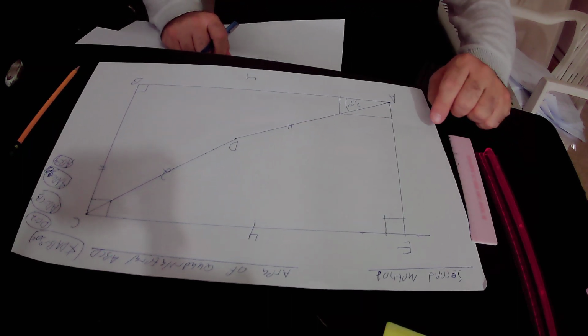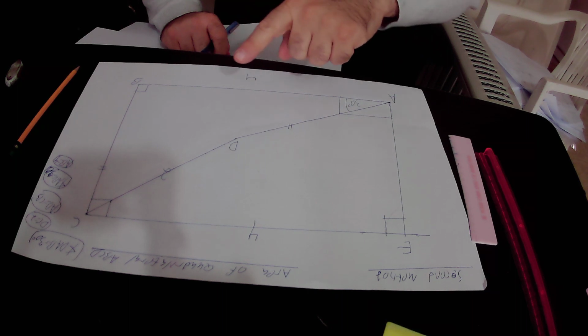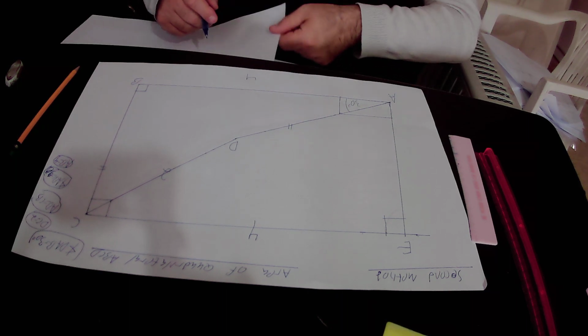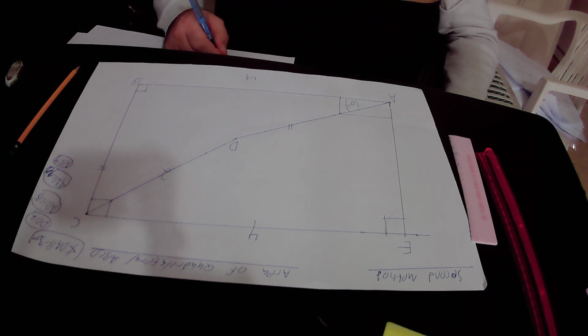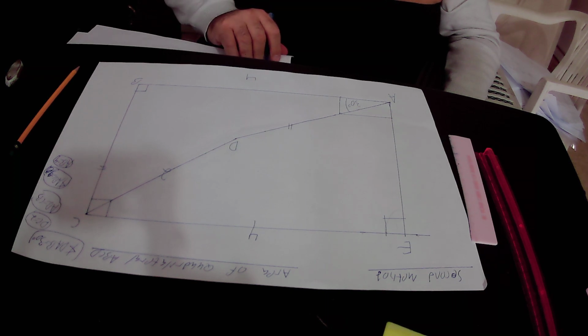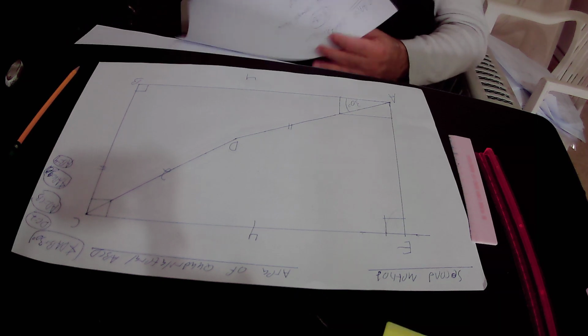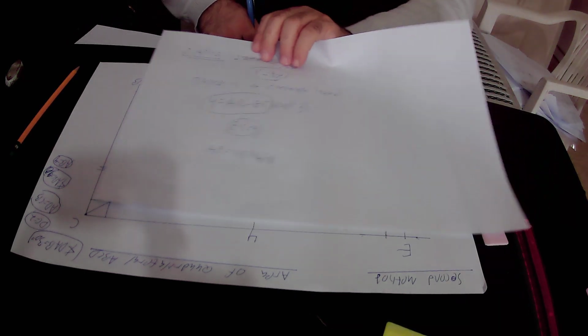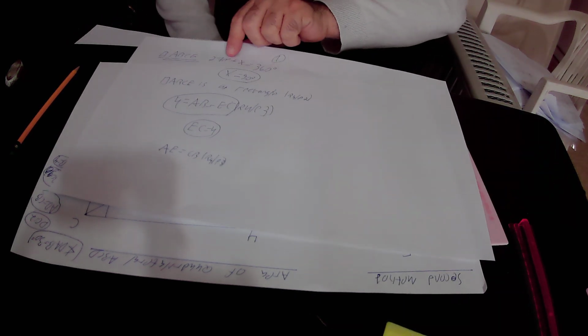Likewise, AE equals CB according to rule number 3.